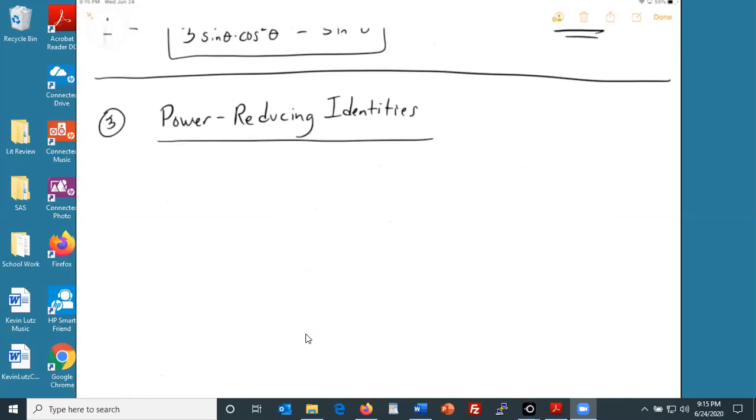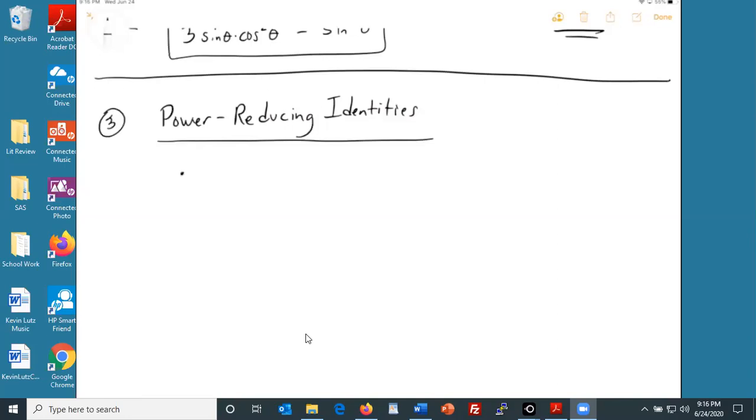Because when you have exponents in an equation, you're going to have to factor the equation to solve it, so that makes it a little more tougher to solve when you have powers. But if you can reduce the powers so that you can eliminate them, then the simplification is a lot easier to do. And these will be very useful in Calculus 2, by the way. So if you're going on to Calc 2, these are very useful.